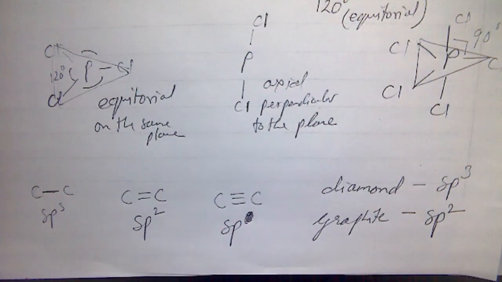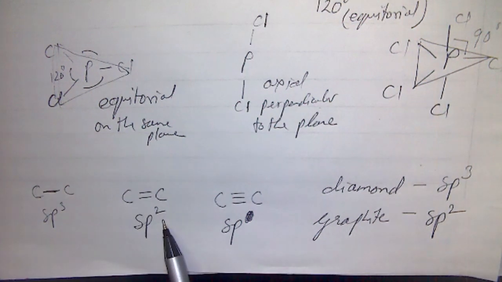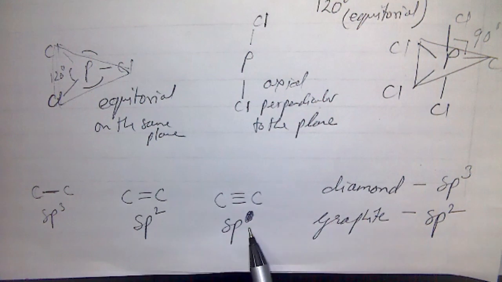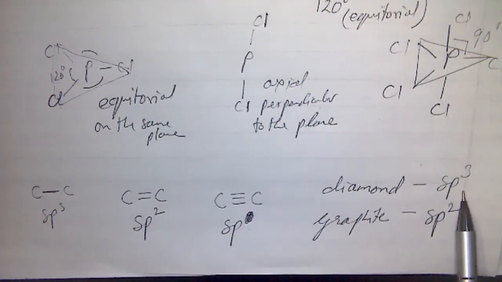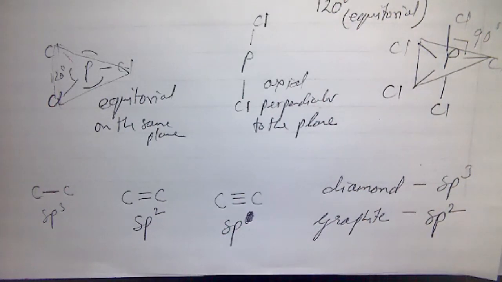Here, this is sp3, single bond. Double bond is sp2, and triple bond is only sp. Then diamond is sp3, graphite is sp2. So this is your theory. All about the theory we have done.